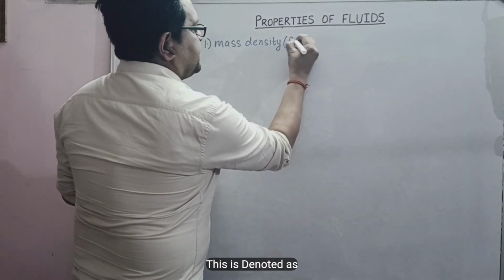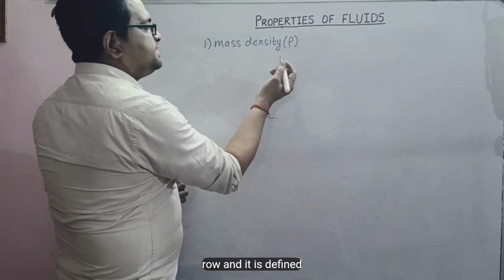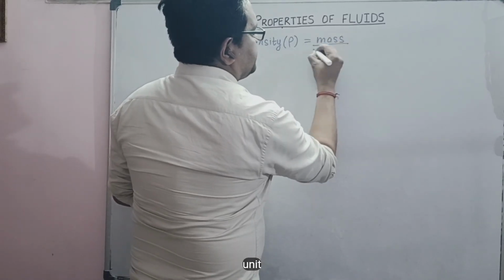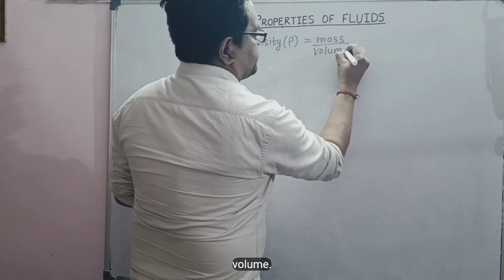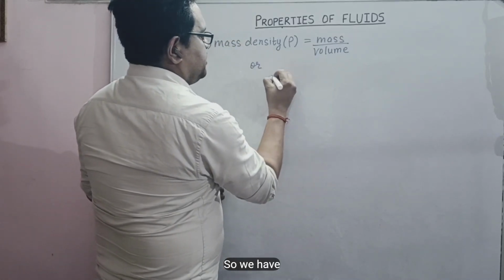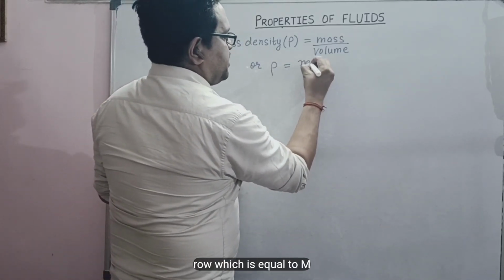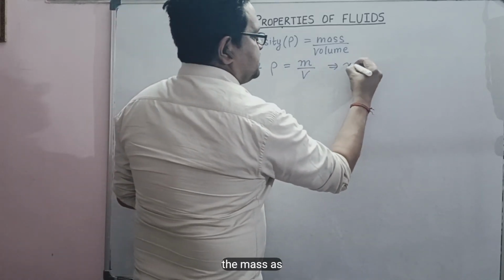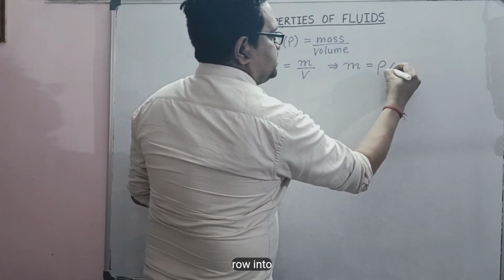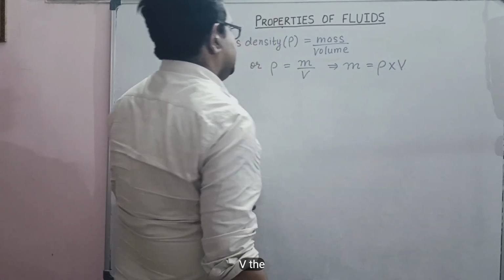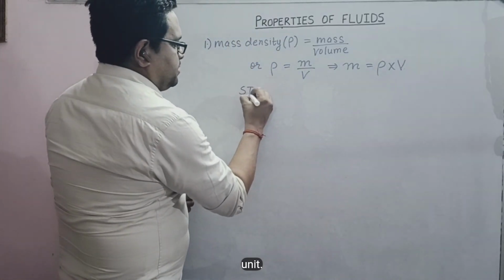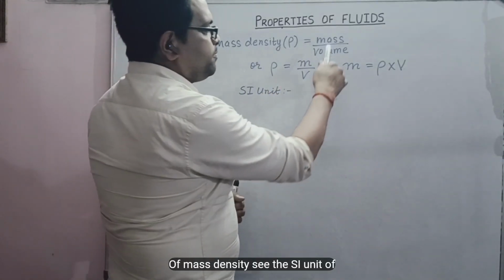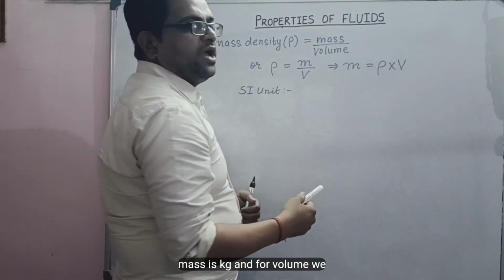This is denoted as rho, and it is defined as mass per unit volume. So we have rho equal to m upon v. From here we can calculate the mass as rho into v. The SI unit of mass density: the SI unit of mass is kg, and for volume we have meter cube.